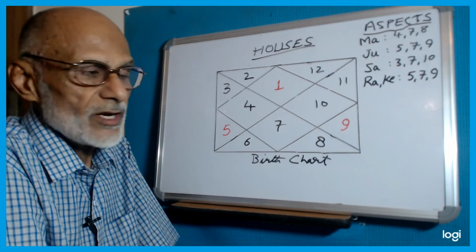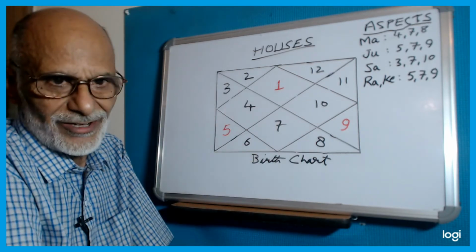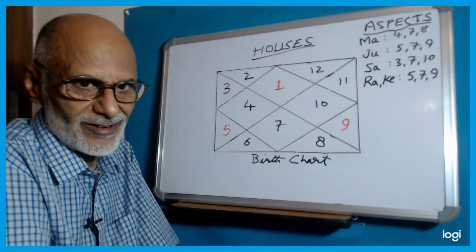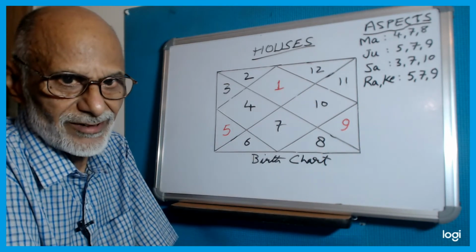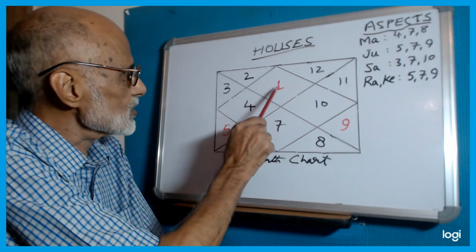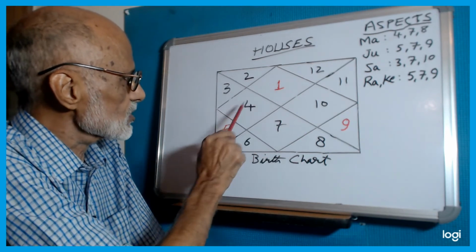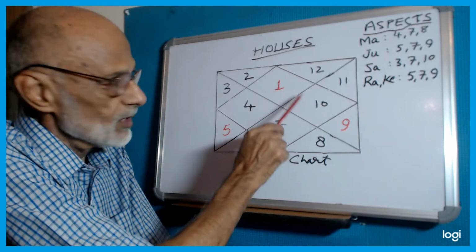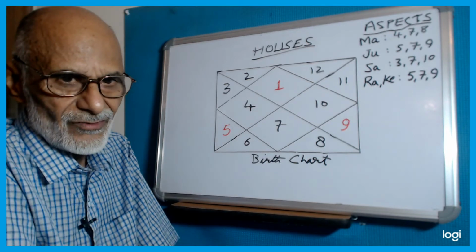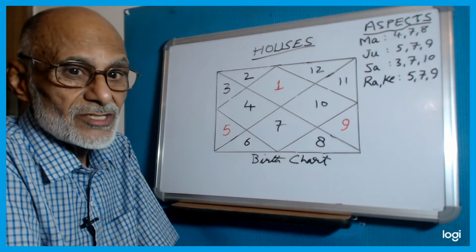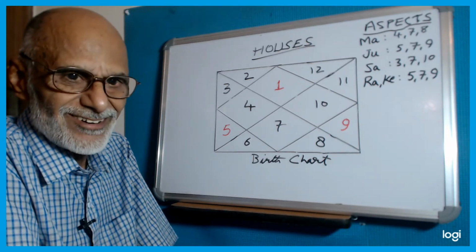In actual fact, all the houses are important. Even the 12th house is important, right? But because these 4 houses, the 1st, 4th, 7th and 10th, form the very core, they give strength to your birth chart, right?